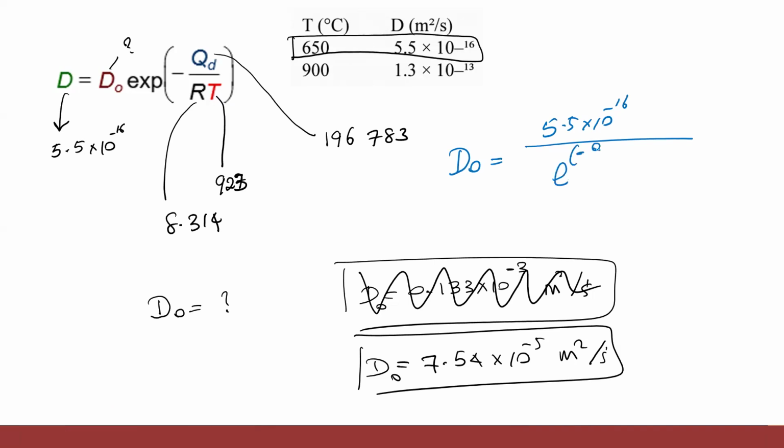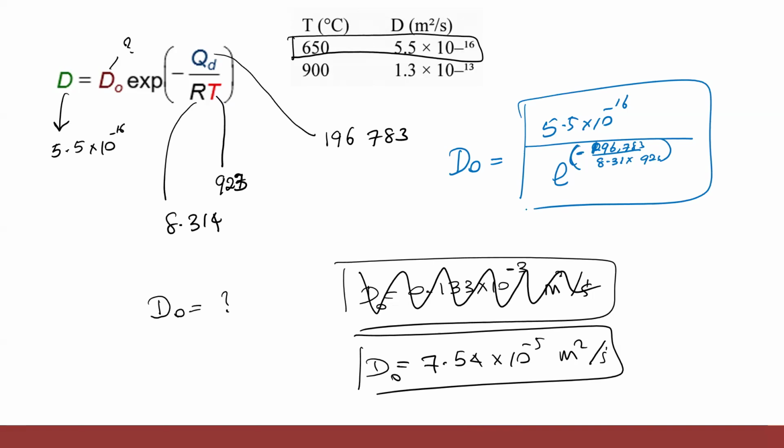Negative sign. Do you have the negative sign as well? Is this what you have in the calculator? So it is 7.5 times 10 to the negative 5, okay?